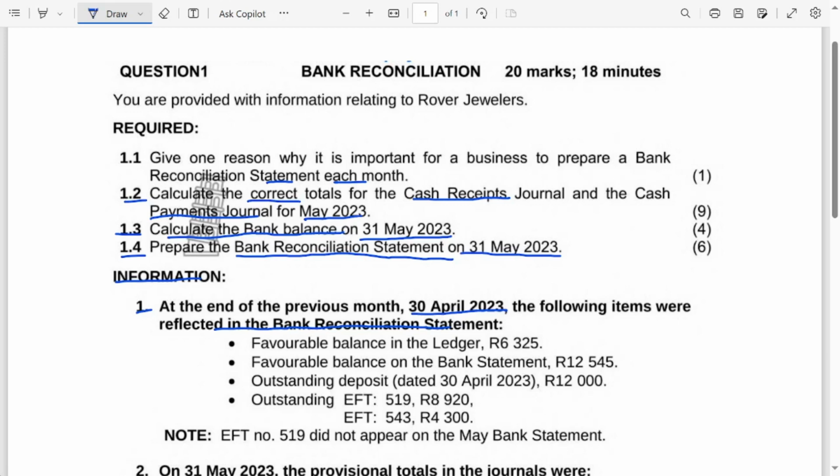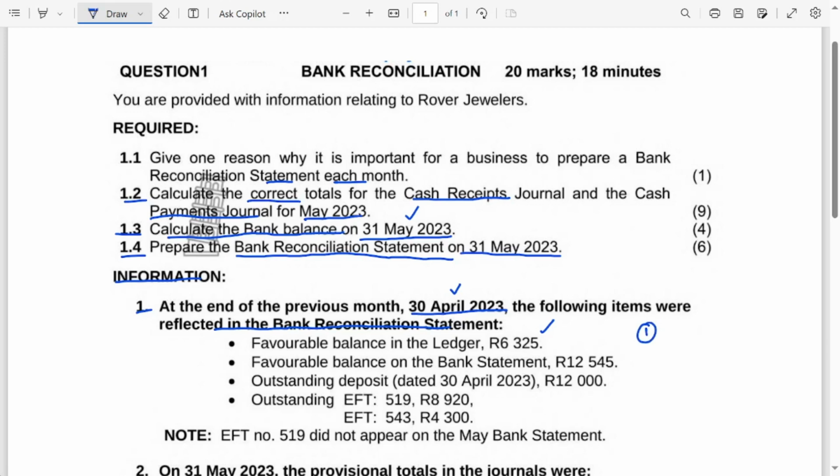The month that we are in right now is May, but they gave us a previous month bank reconciliation. From the previous month bank reconciliation, the first thing that you should take is the balance as per bank account, which is going to be the opening balance for the bank account in the current month.